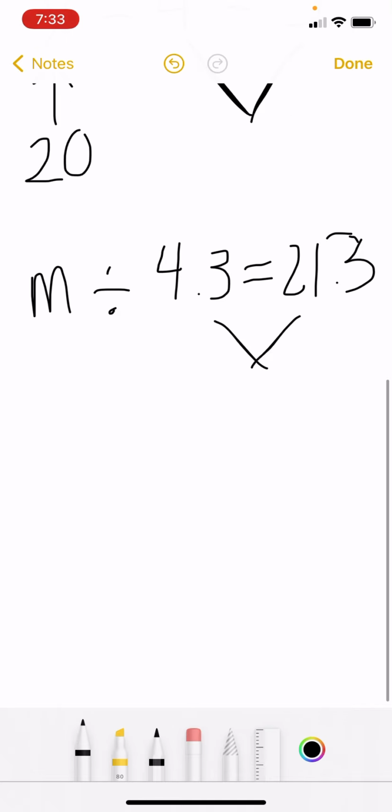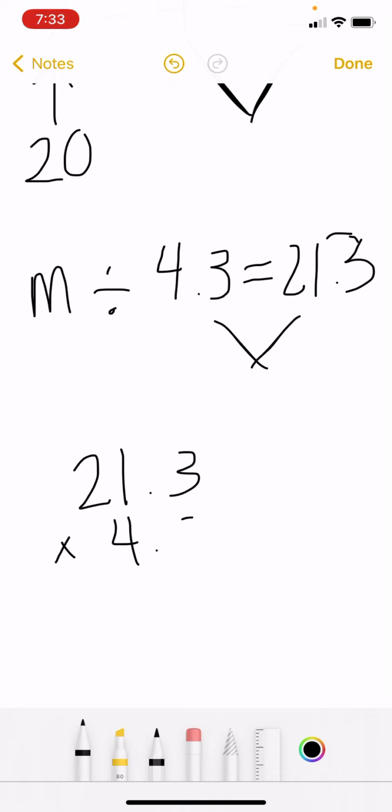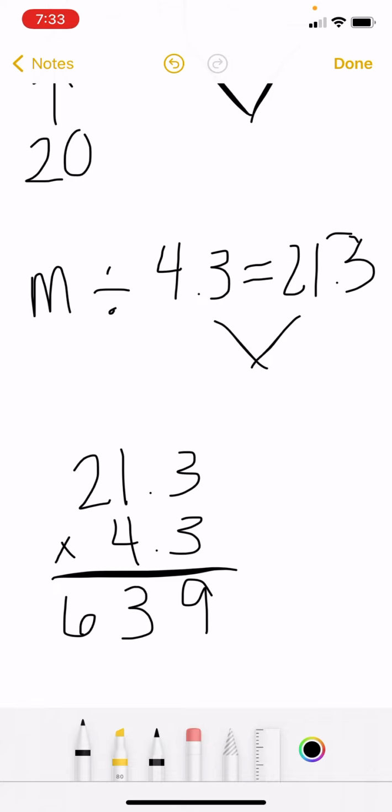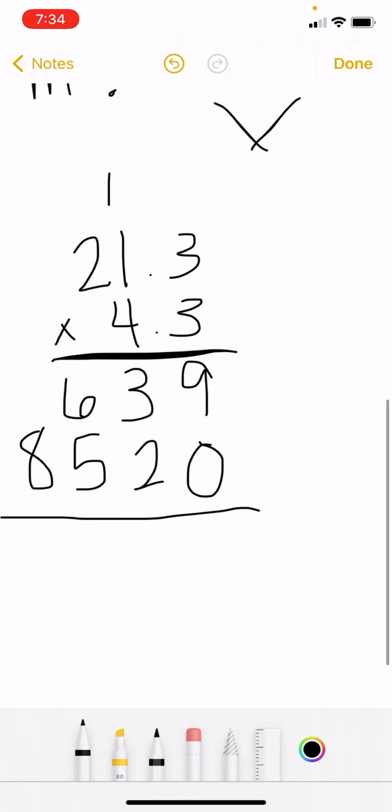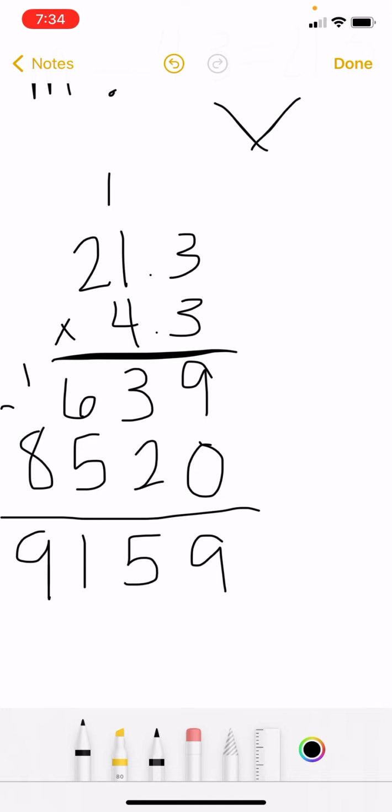So if I go down here, I can set up my multiplication problem and multiply through the problem to figure out what that dividend might be. I'm following my multiplication process using the standard method, and I'm placing my decimal the same way we've talked about in class.